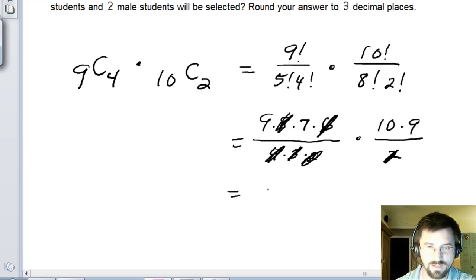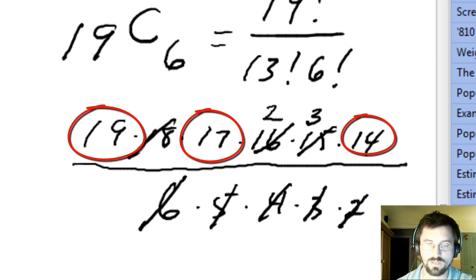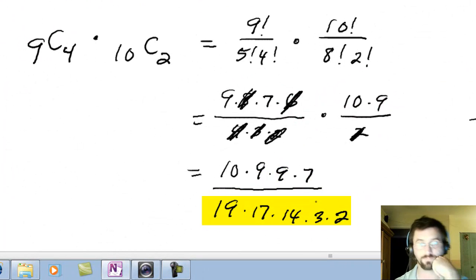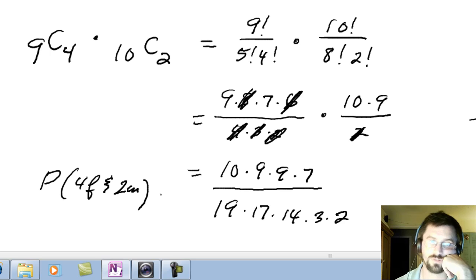I have 10 times 9 times 9 times 7 over 19 times 17 times 14 times 3 times 2. That is for my P of 4 females and 2 males. And of course you'd have to simplify this. I'm going to skip that step though. You guys can simplify on your own.